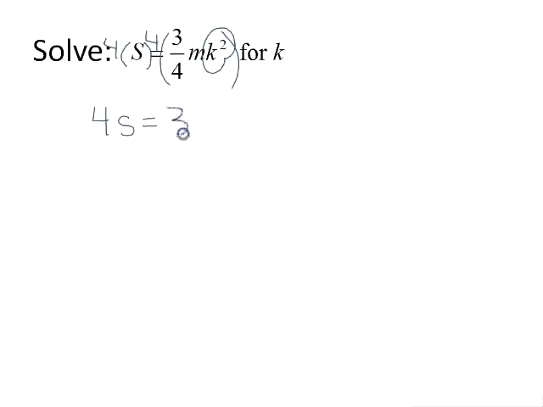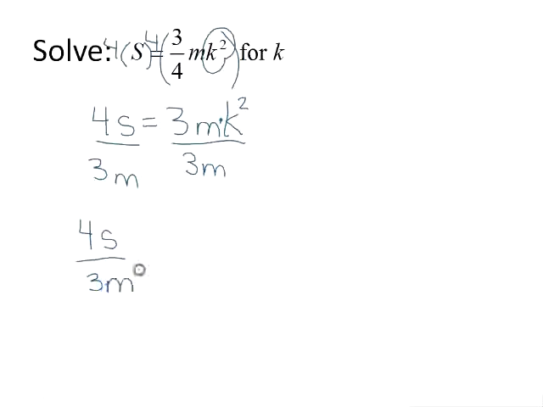That will leave me with 4s equals 3mk squared. Now I still need to isolate the k squared. So because I have 3m times k squared, to undo that multiplication, I divide by 3m. So I divide by 3m on both sides of the equation.